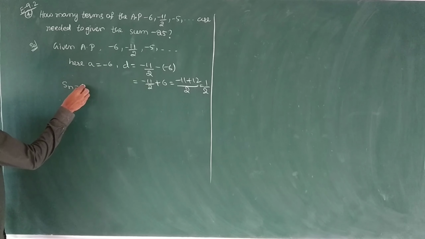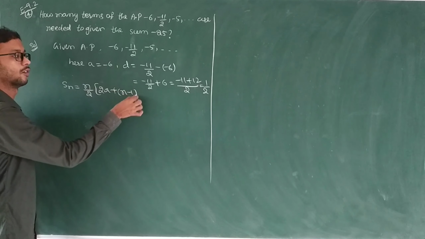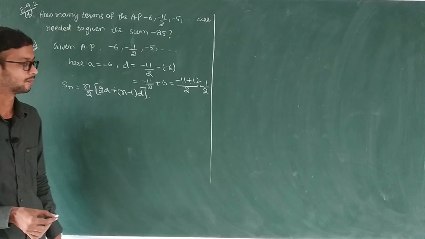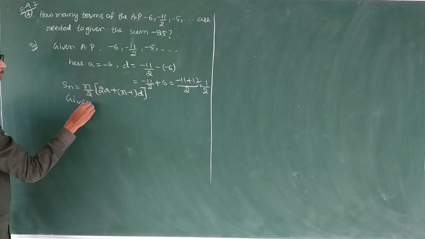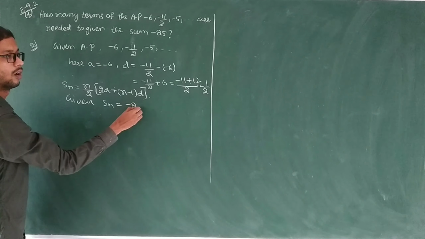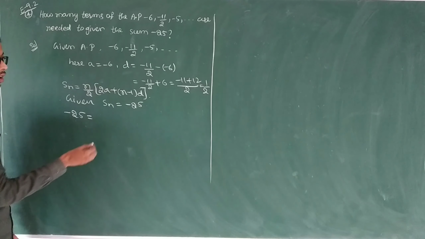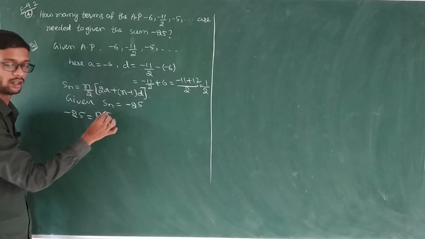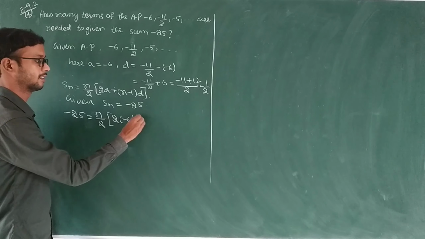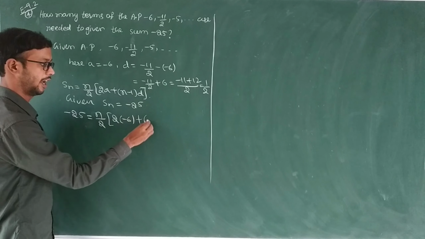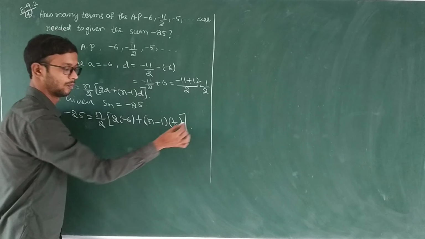Sn is equal to the formula n by 2 into 2a plus n minus 1 into d. Here Sn is given as minus 25. So minus 25 is equal to n by 2 into 2a, where A is minus 6, plus n minus 1 into the d value. The d value is 1 by 2.